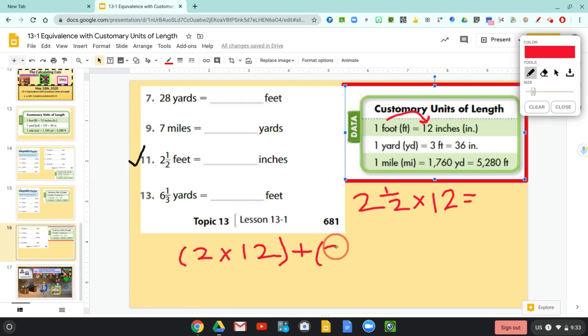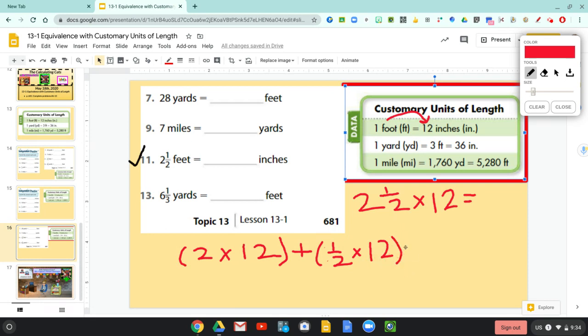Plus 1/2 times 12. Let me erase this. Plus 1/2 times 12. Okay, so now we just need to solve what's inside each set of these parentheses and then add them together.